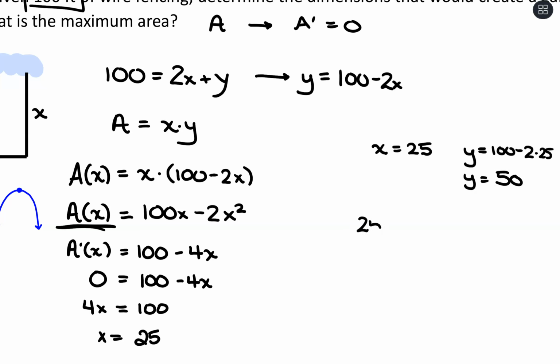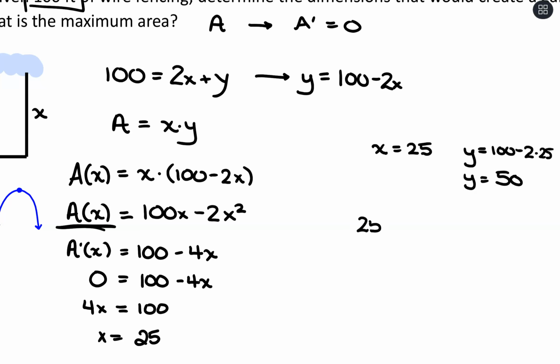So the dimensions are going to be 25 feet by 50 feet for a maximum area of 25 times 50. And that will be 1,250, and then our units would be square feet. Okay, so putting things together to have a function in terms of a single variable, find the critical point, and that's going to help us form our solution that maximizes area.